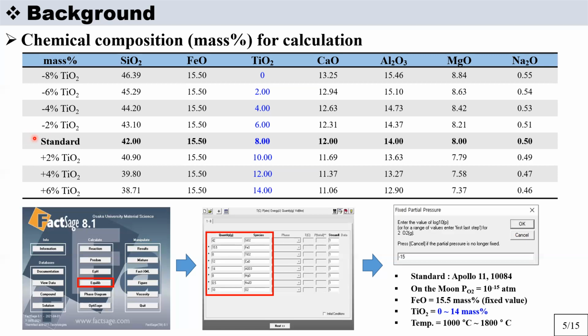And based on the standard composition, FeO was fixed at 15.5 mass%, and TiO2 was changed by every +2% and every -2%. The rest of the components changed at the same ratio with the change of the amount of TiO2. And we calculated it using FactSage under these conditions.